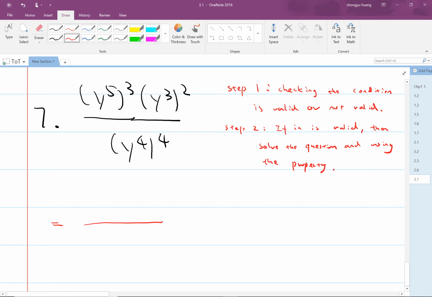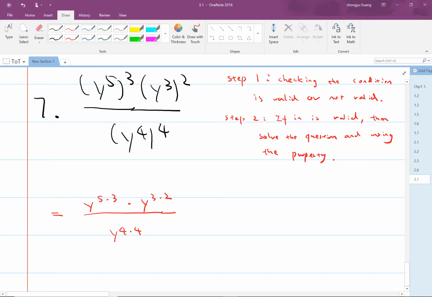Okay. So we had... I'm still going to show you the details. Okay. So let's solve the numerator part first. What we have is y 5 multiplied by 3, right? And then we multiply y 3 multiplied by 2, right? And then on the denominator what we have is y 4 multiplied by 4, right?